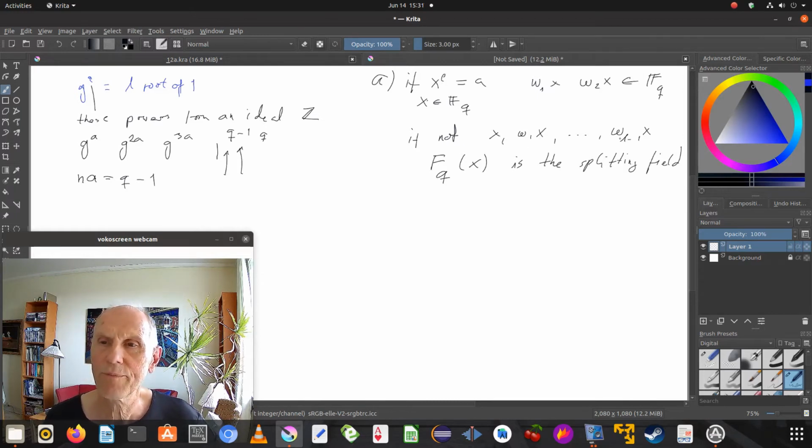And we have the Galois group, I need to double check this, has exactly n elements.